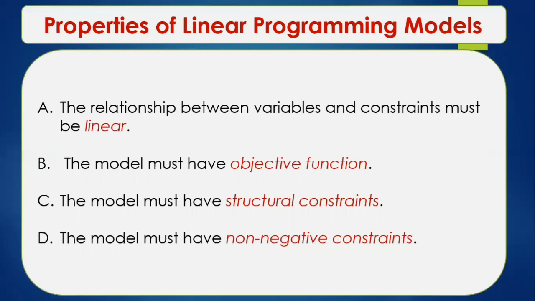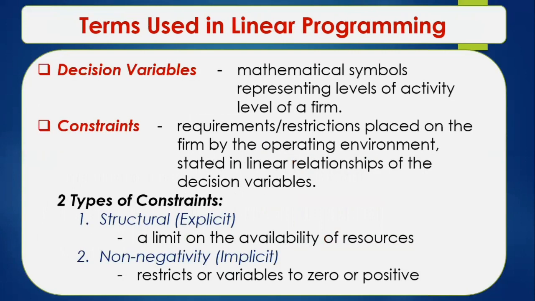Now, in order for us to better understand what these properties really mean, let us first discuss the different terminologies used in linear programming. One of the terminologies that we normally use is decision variables. When we say decision variables, this refers to mathematical symbols representing levels of activity of a firm.